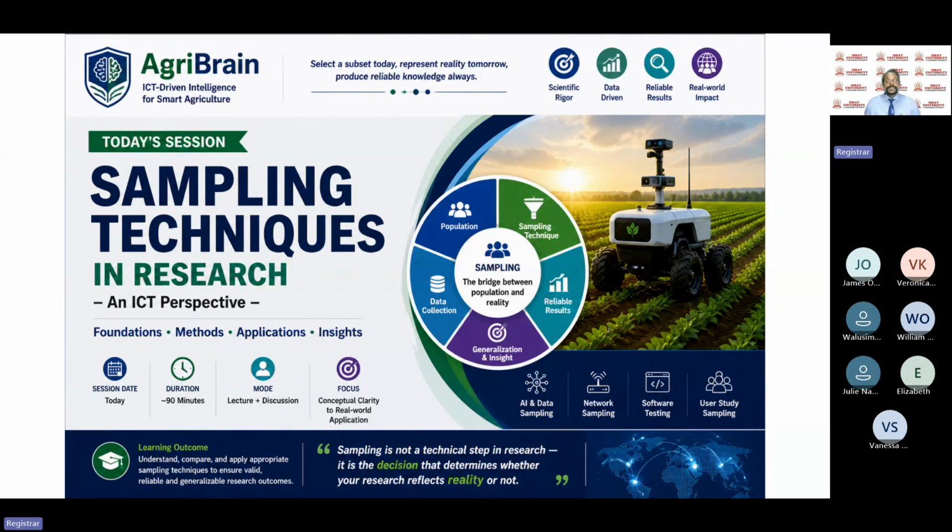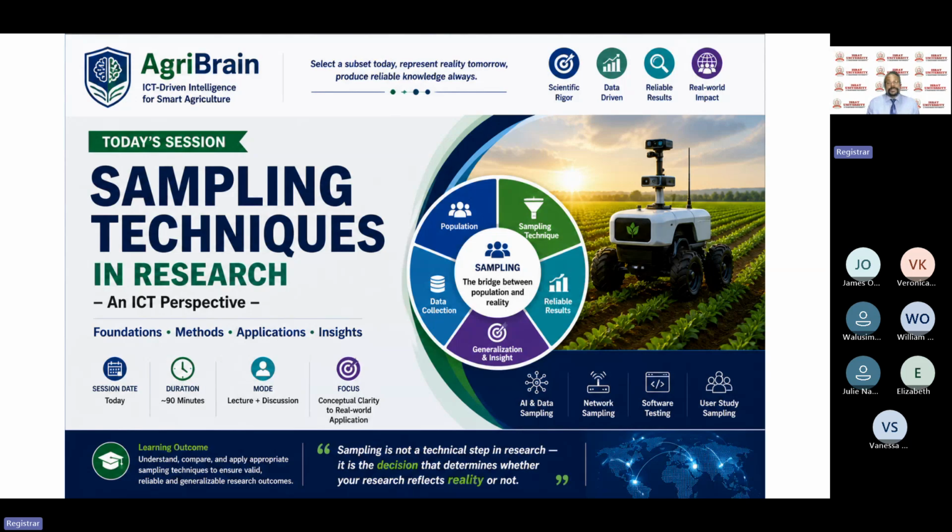Today, we are going to see sampling techniques in research. Every time I speak to you, I say that every session is important. What you have done up to now, from your research problem to your hypothesis, all of this is counted by the quality of the data and the methodology by which you collect data.